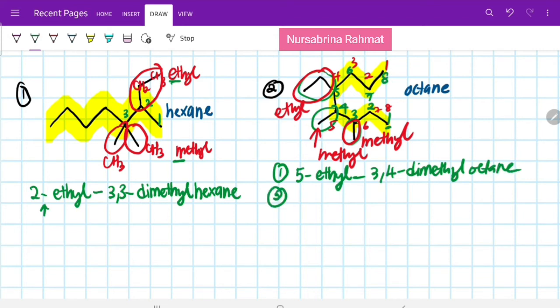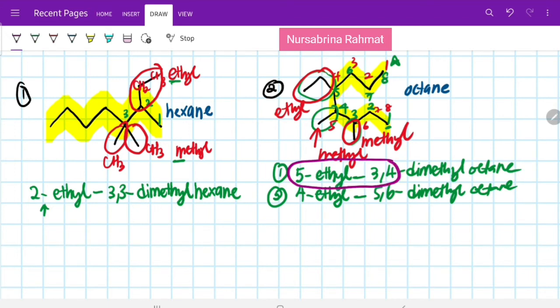Secondly, if I start numbering from the top, I will have 4-ethyl, 5,6-dimethyl octane. In the first one I have 5, 3, 4 versus the second one, 4, 5, 6.